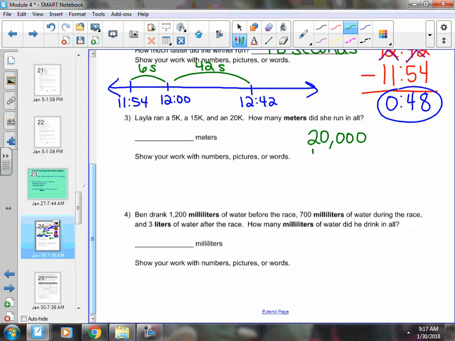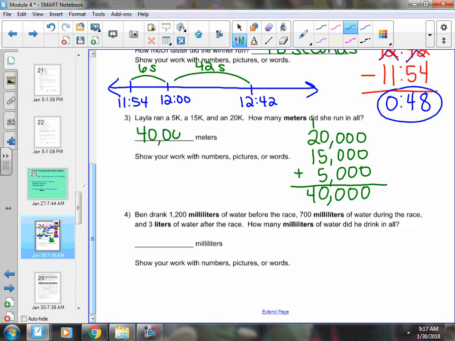A 15K would be 15,000. And a 5K would be 5,000. And I just need to do an addition problem, for an answer of 40,000 meters. So change everything to meters, add them together, bada bing, bada boom.